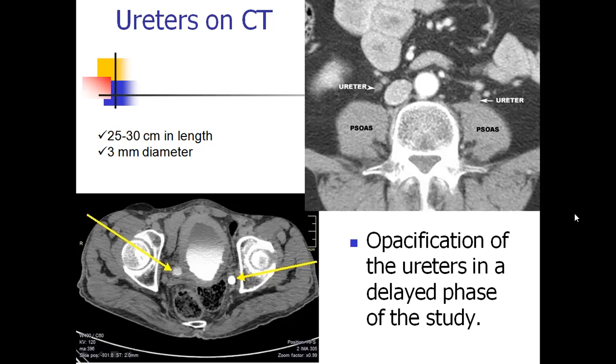They are not very well seen in the arterial phase of examination, as here, for example, the arterial phase with contrasted aorta, and ureters may be detected as a very small object of light gray color. But after opacification of ureters in the delayed phase of the contrast study, they become very clearly visible from both sides.